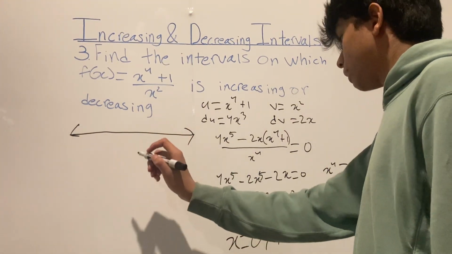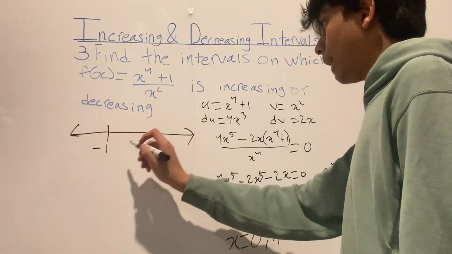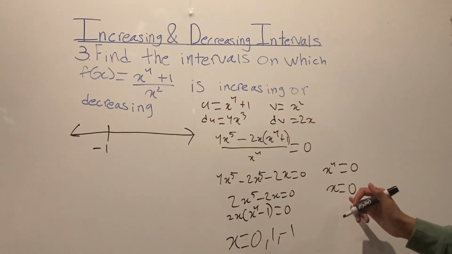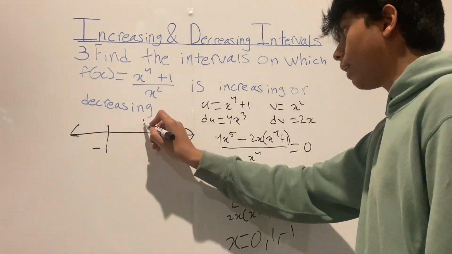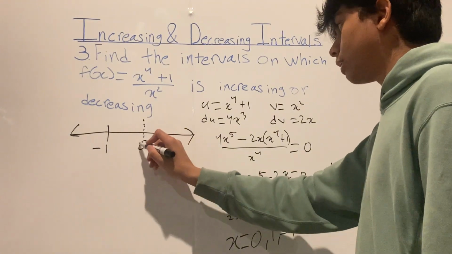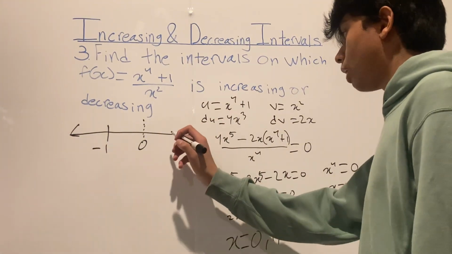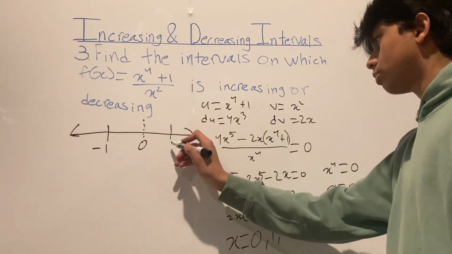Negative 1 we can just draw as a solid line. For 0, because we're taking this as a vertical tangent line where x equals 0, we draw a dotted line to imply that it's not really there. It's just because the slope is undefined at that point. So that's why we draw a dotted line, and a solid line for 1.